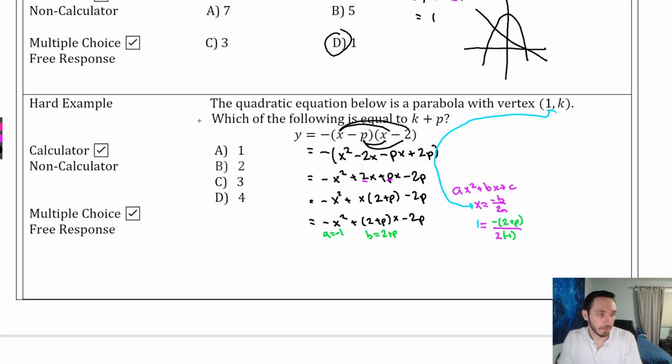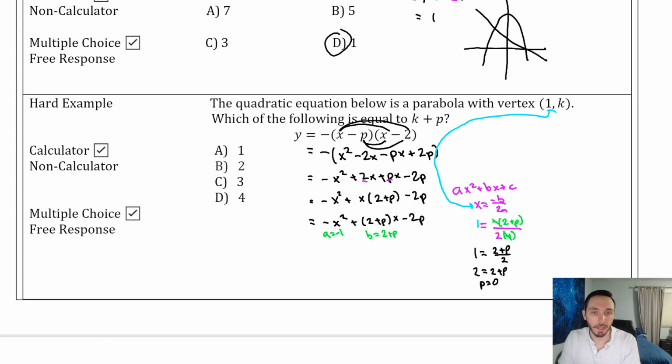And what do I get from this? The negatives cancel. So I get 1 is equal to 2 plus p over 2. P must be equal to 0 here, because I'll get 2 over 2, which is 1. But I can also solve it the long way. I can multiply both sides by 2. And I get p is equal to 0.